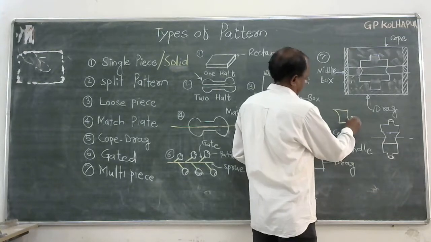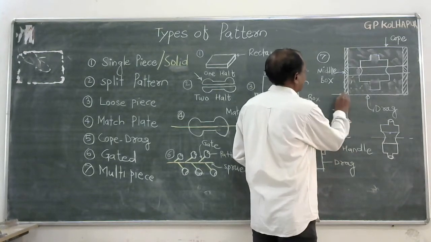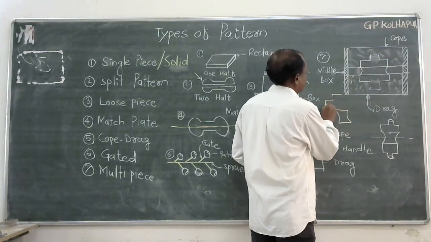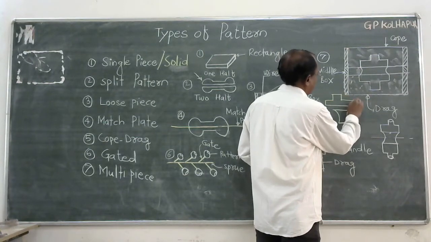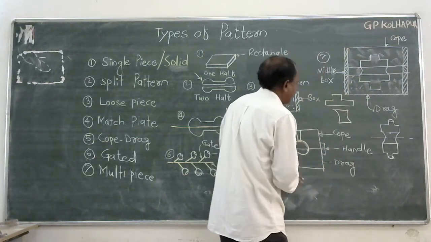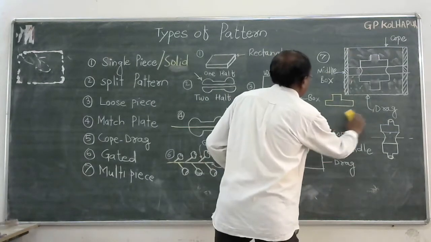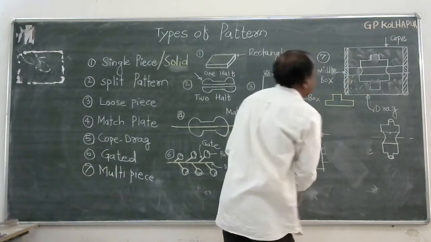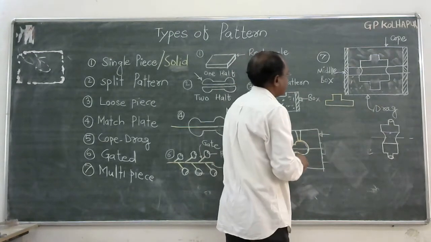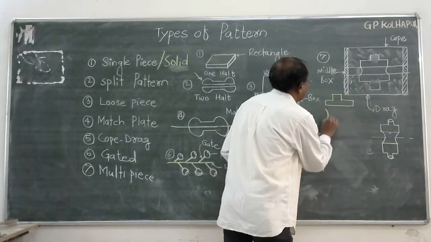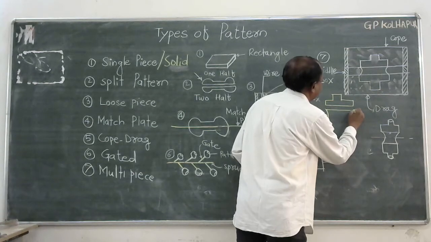This is one middle portion, another pattern that is in the cope box, another is in the drag box.